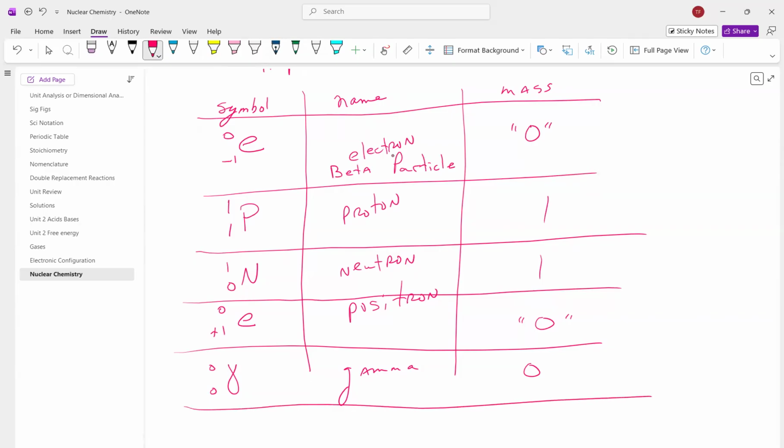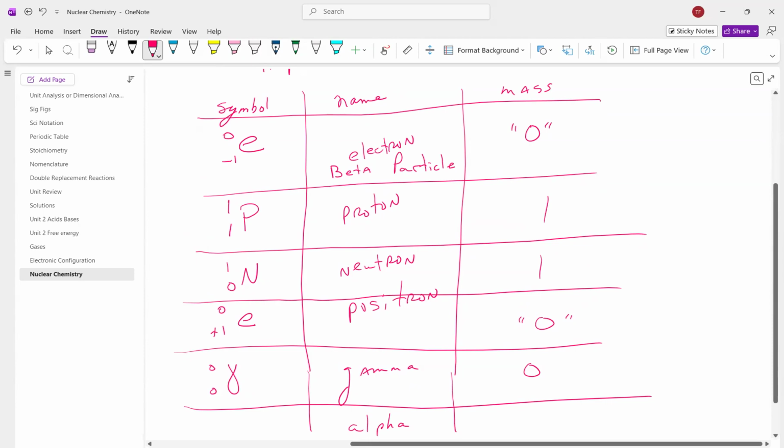There's one more. There's an alpha particle as well. And the alpha particle has got 2 protons and 2 neutrons. It's the heaviest of all the particles.